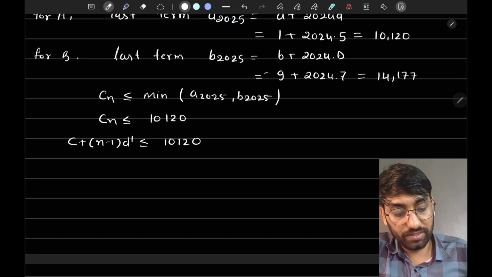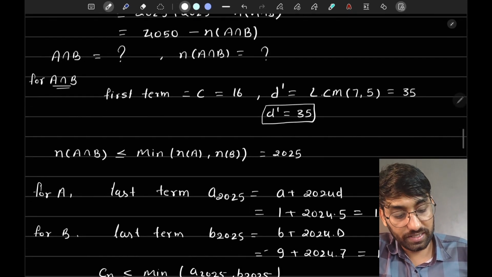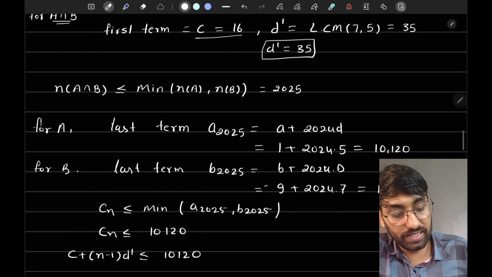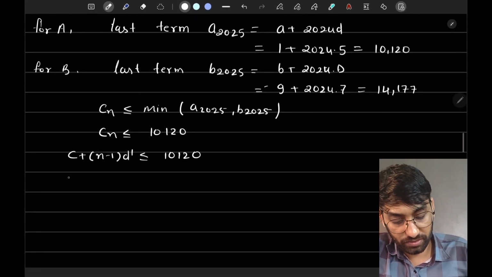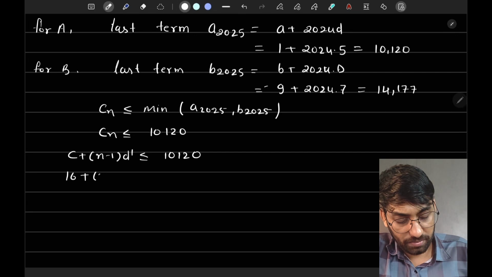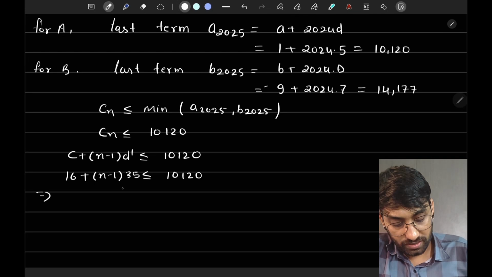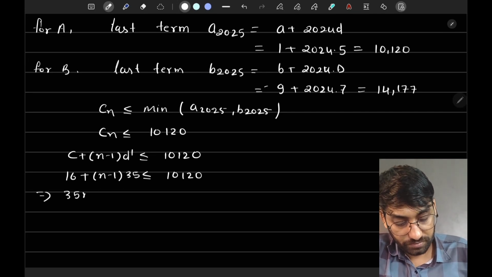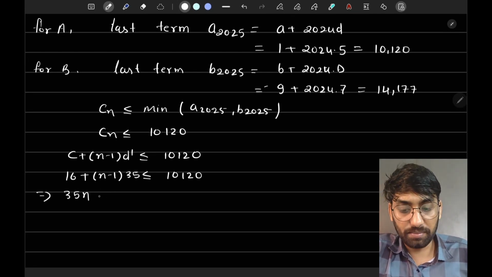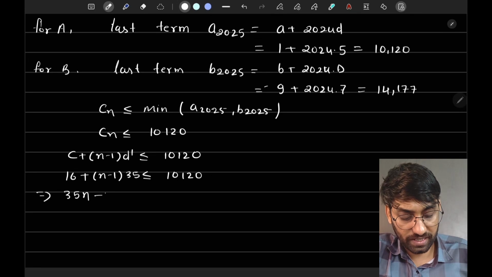Correct? Now the C value is 16, and d dash is 35. So 16 plus (n minus 1) times 35 is less than or equal to 10,120. This implies 35n plus 16 minus 35, that is minus 19, must be less than or equal to 10,120.